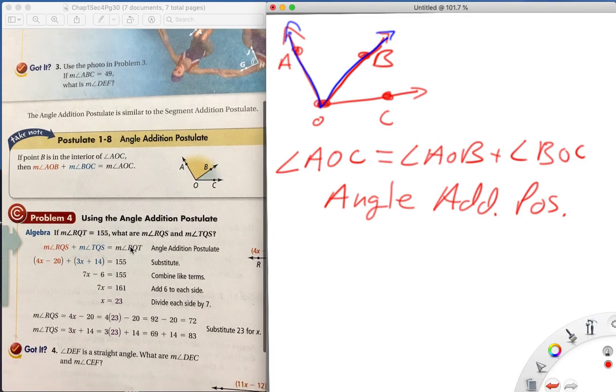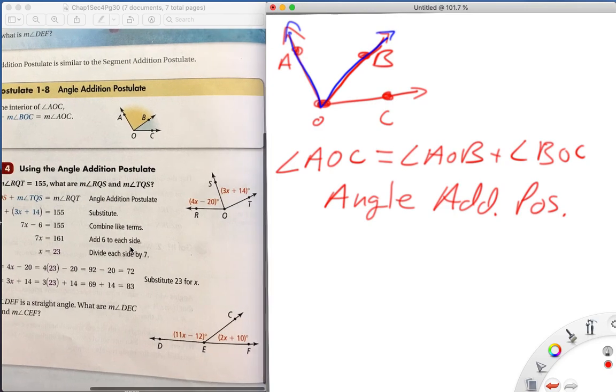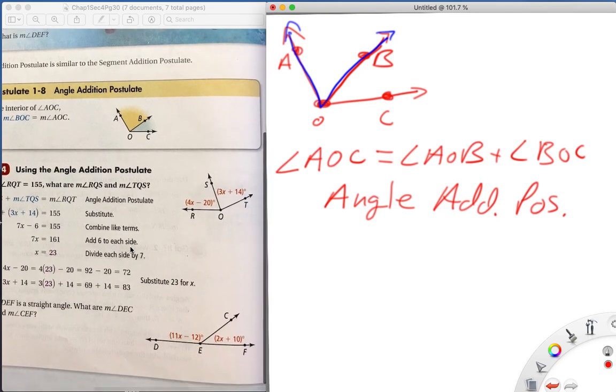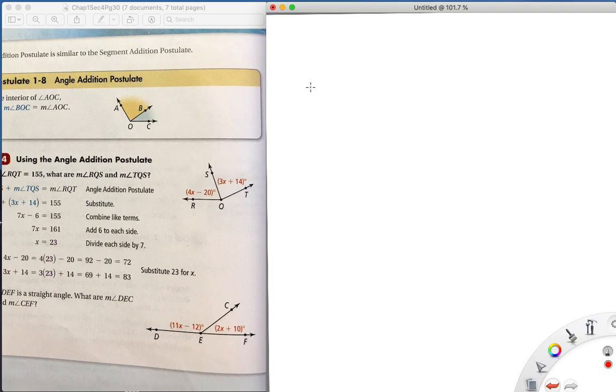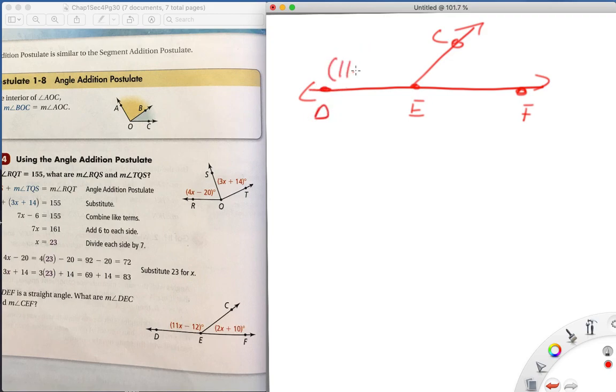Alright, now when I can use the angle addition postulate, I can do a couple of things. So for example number 4, they give me an angle comprised of two smaller angles, and I have C, E, F, and I have D. I'm told that this angle is 11x minus 12. I'm told this angle is 2x plus 10 degrees.